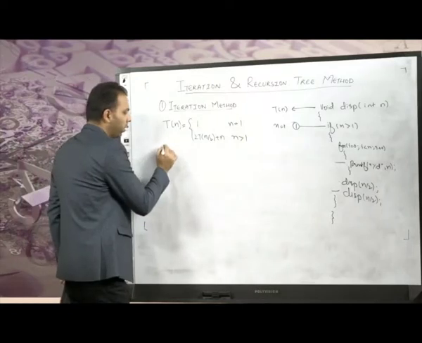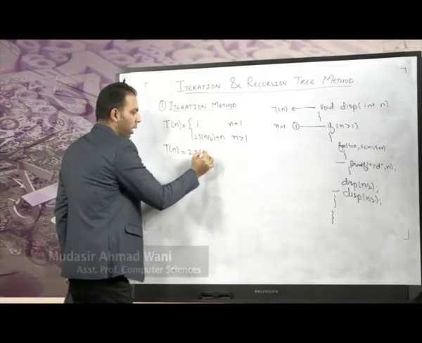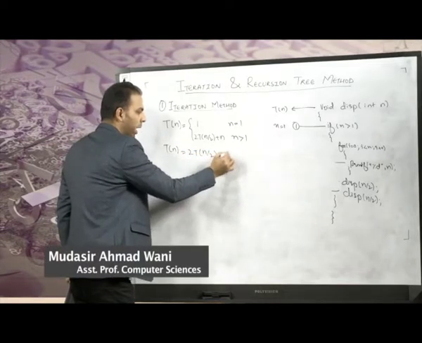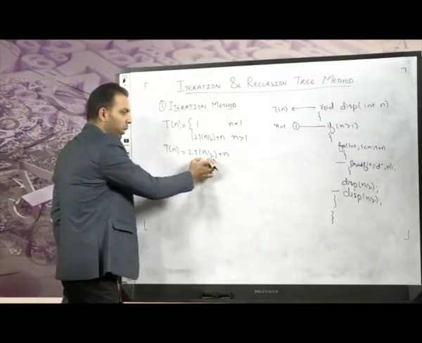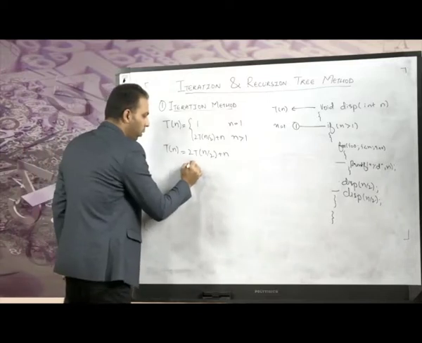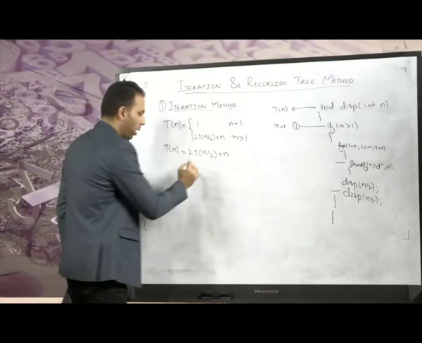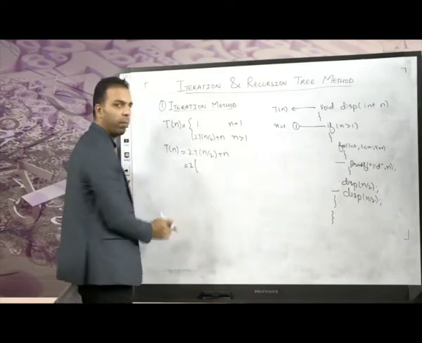So we have T(n) equals 2T(n/2) plus n. What we'll do is that we'll open this T(n/2). So it will be equal to 2 is outside, and this T(n/2) we will substitute n by n/2.